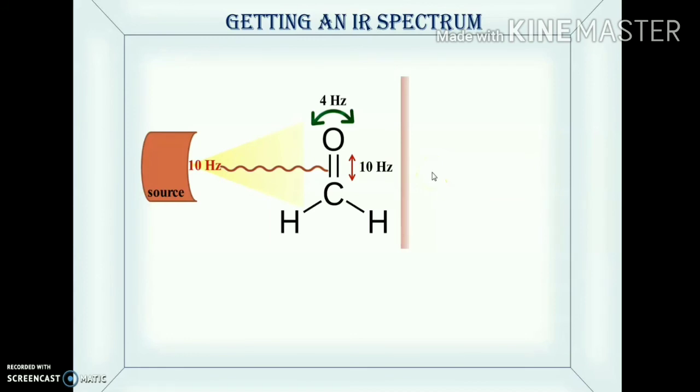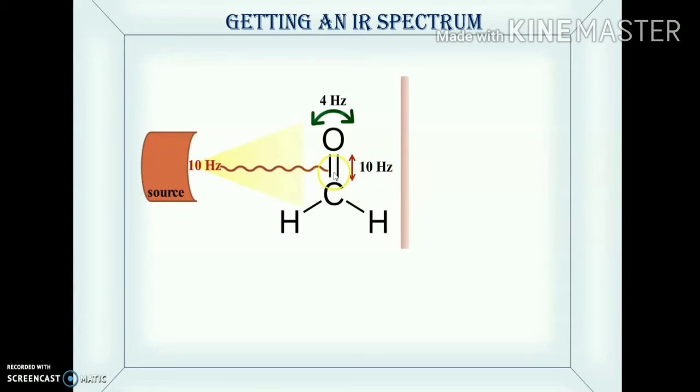What does this mean? It means that most of the radiation that has been passed through the molecule has been absorbed by the molecule, and therefore only a very little, negligible amount of it could be transmitted through the molecule.